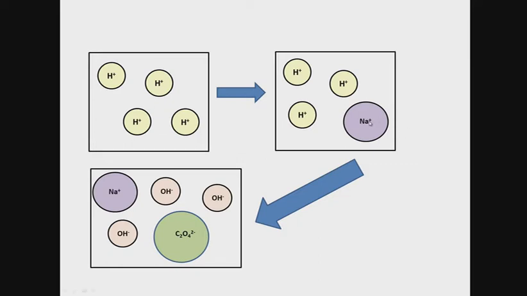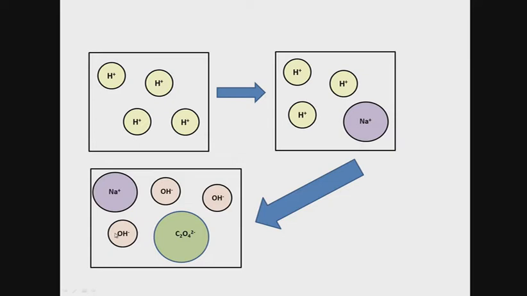Then what happens? After the complete neutralization of the acid beyond the second equivalence point, this is a cartoon representation of the situation that you have. So, you have Na plus ions in the medium, you have the bulky oxalate dianions in the medium, and you have an excess of OH minus ions in the medium.